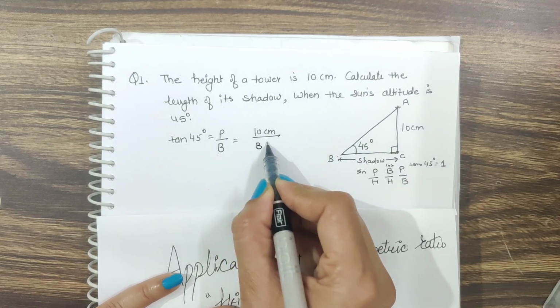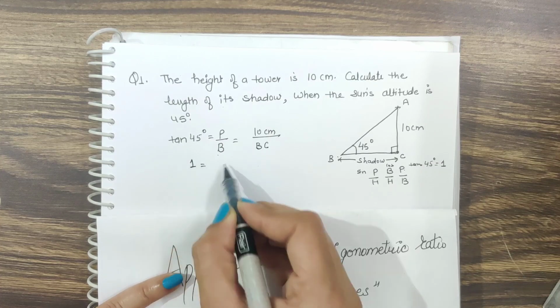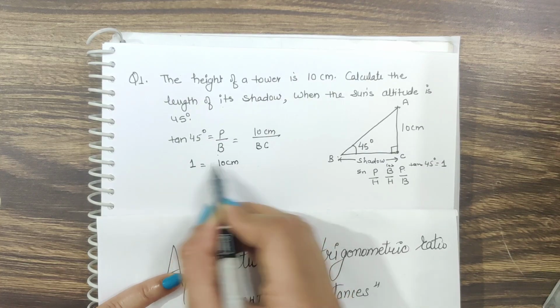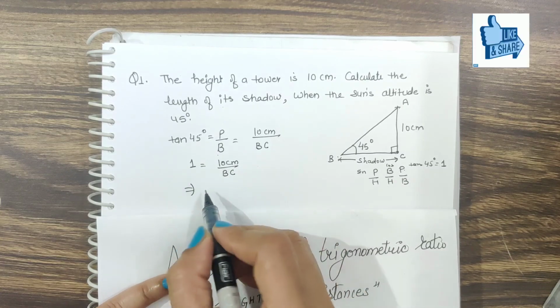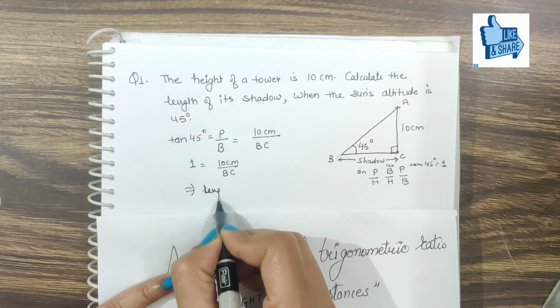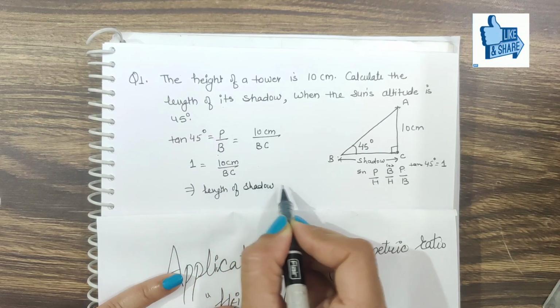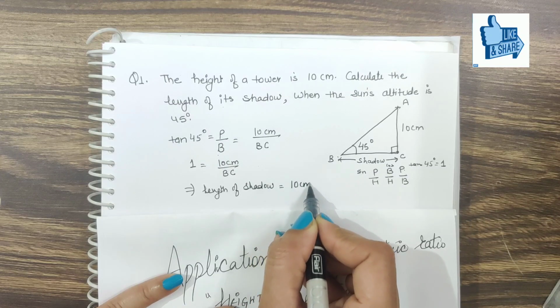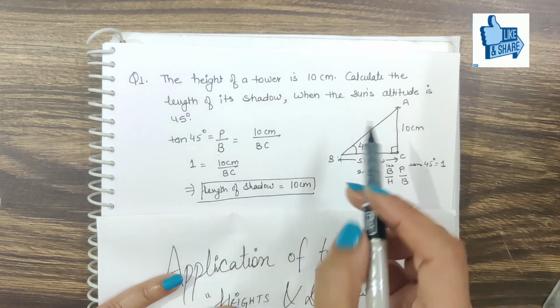We represent by BC. Student, tan 45 is 1 and equals 10 centimeter upon BC. This implies length of shadow will be, student, how much? 10 centimeter. This is the required answer of this question.